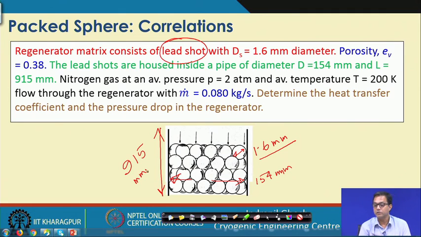The porosity is also given as 0.38, and the mass flow rate m dot is 0.080 kg per second.